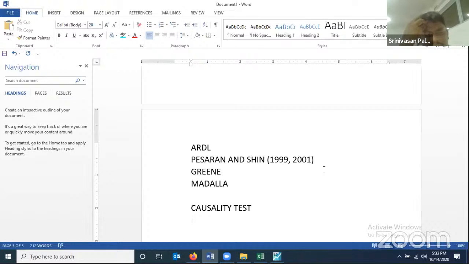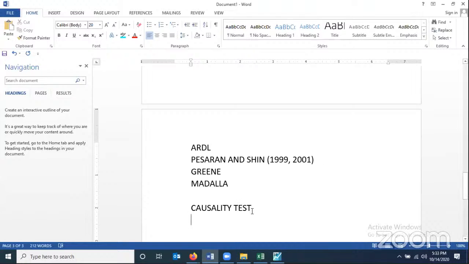I am going to touch upon this causality test. Cointegration also comes under it. Causality means even cointegration is part of the causality test.